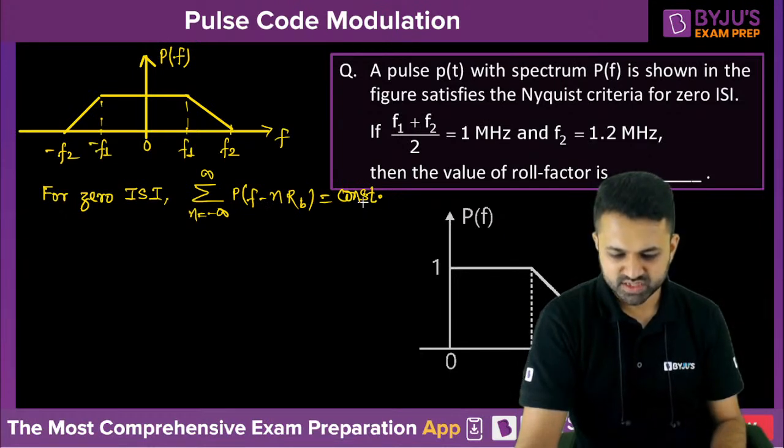If it comes out constant, then you can say that it will have zero ISI.